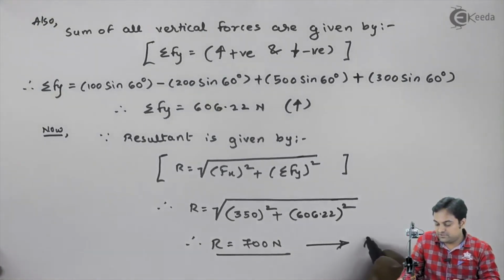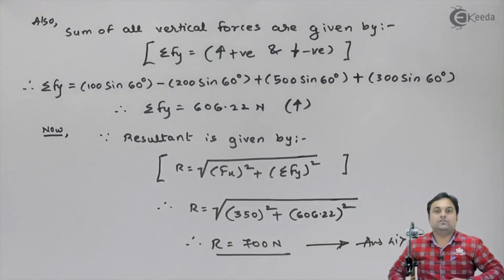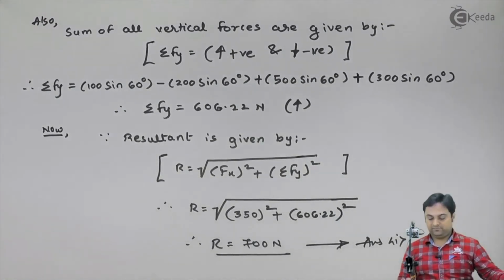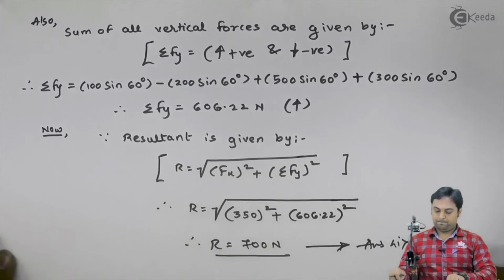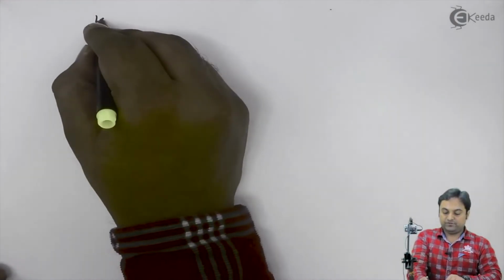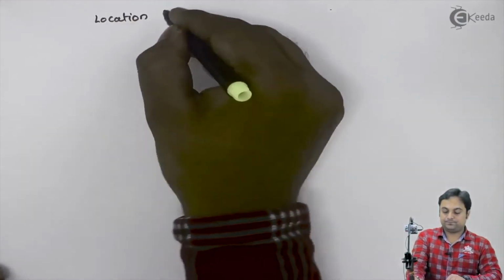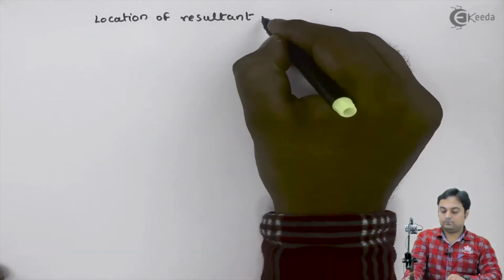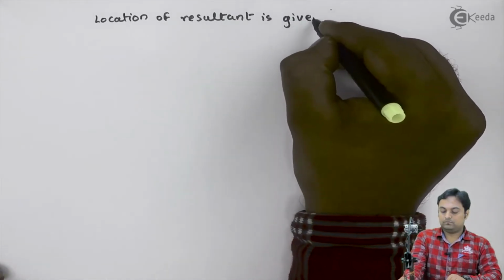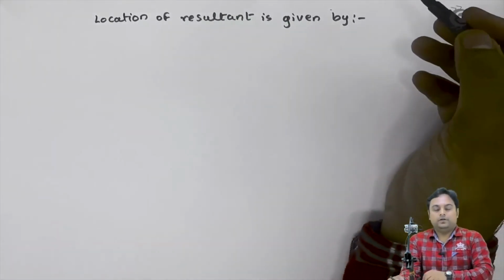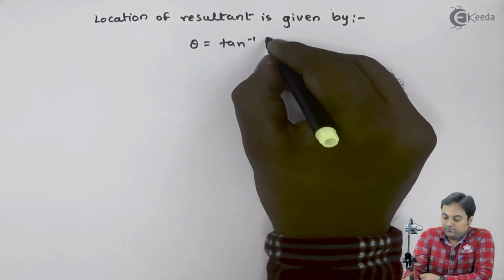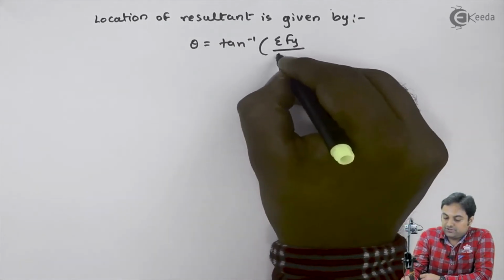This is my first answer. I have got the value of resultant. Now after getting resultant, I can even find its location. Location of resultant is given by theta is equal to tan inverse of summation fy upon summation fx.